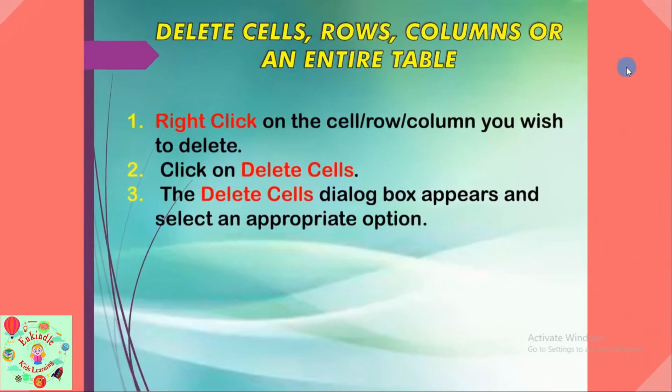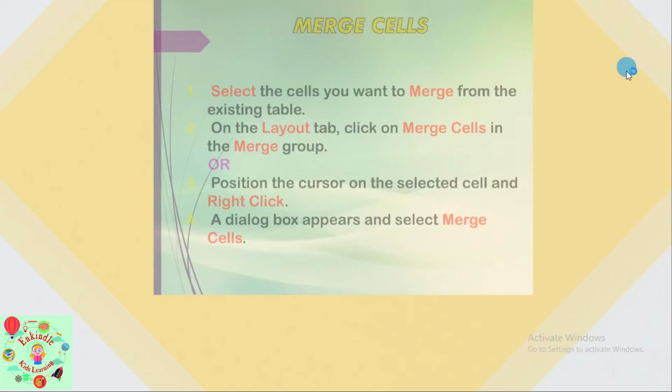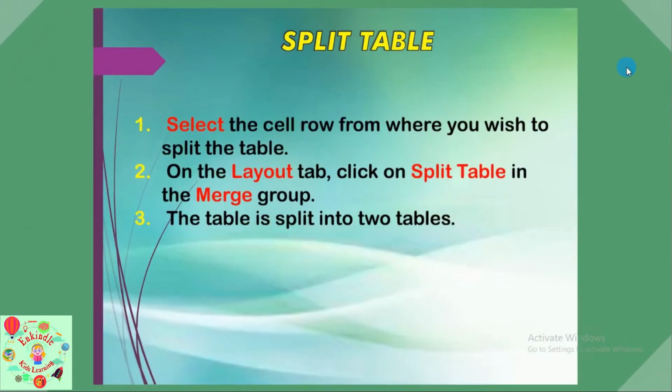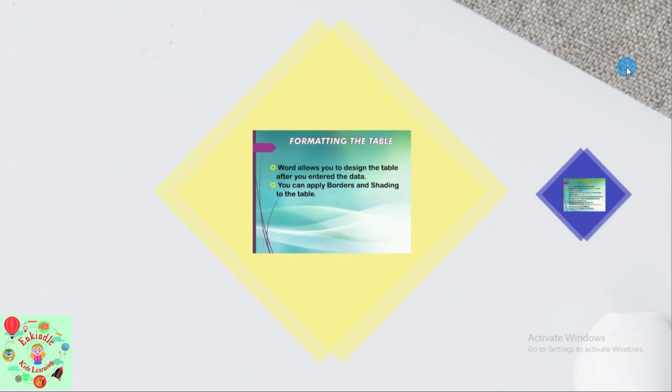Then we saw how to delete rows, columns, cells, or an entire table. Then we saw how to merge cells, and then split table. And finally, we saw how to format the table. Word allows you to design the table after you entered the data.